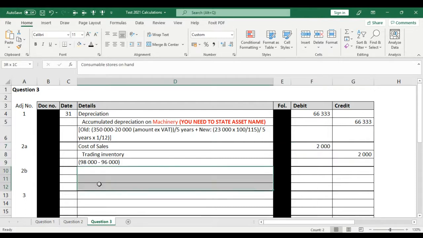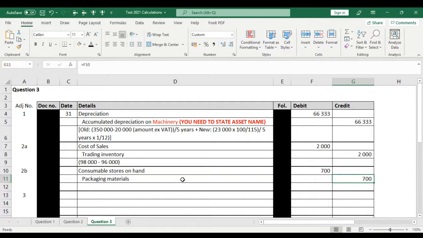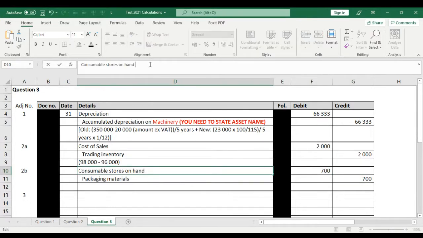Now for the packaging material, because it's currently shown as an expense, we move the portion that is on hand. We take it out of your packaging materials, so we reduce it by 700 Rand, and then we create an account which is consumable stores on hand. I'm just going to say here it's an asset account, similar to trading inventory.